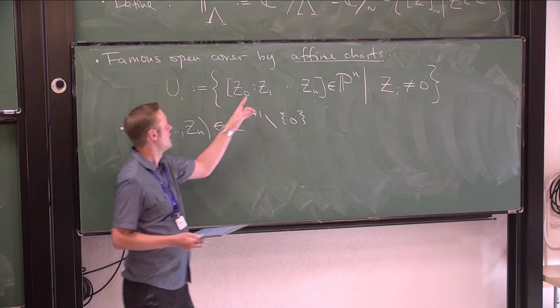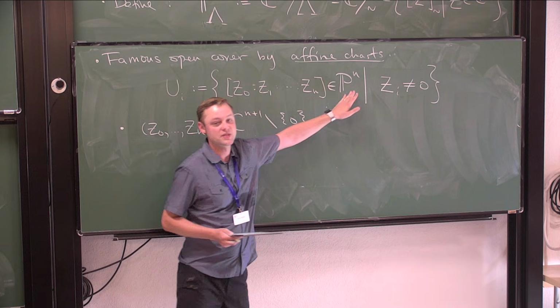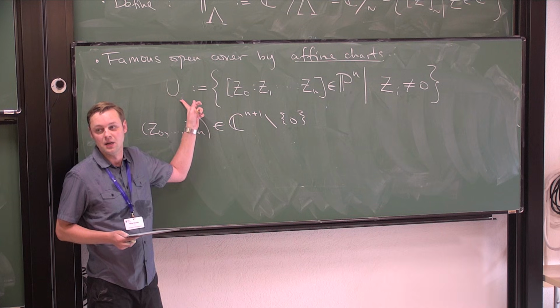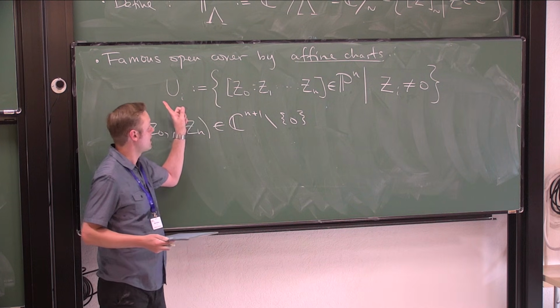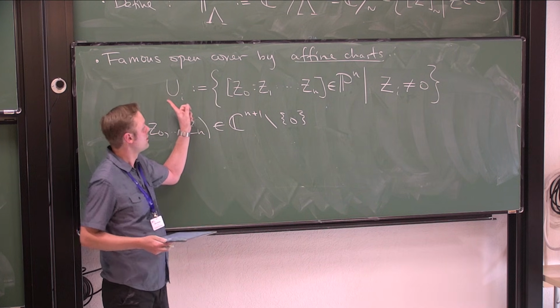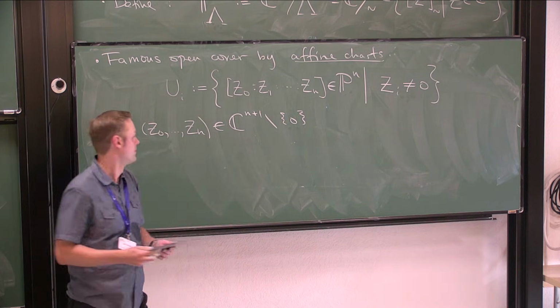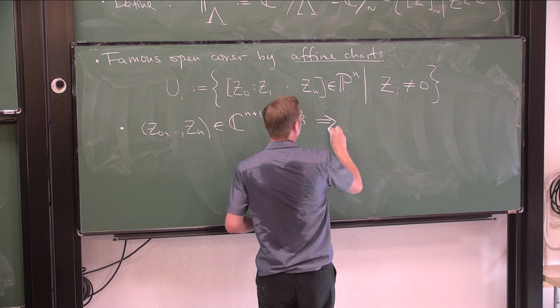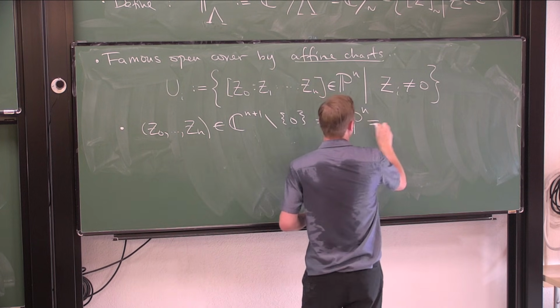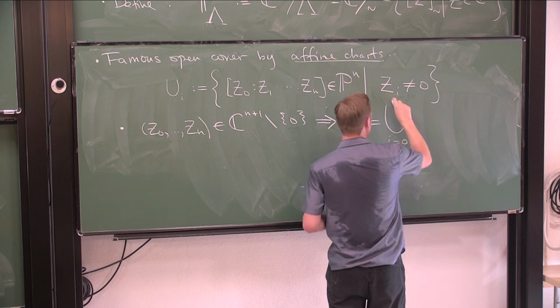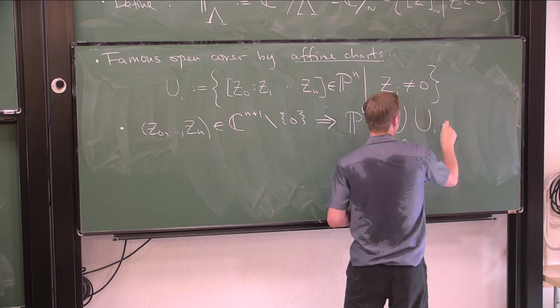So every point in the projective space must lie in at least one of these open sets. In other words, these affine charts U_i, the collection of n+1 of them, give me an open cover of P^n, i from 0 to n.